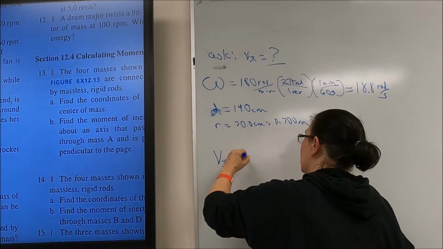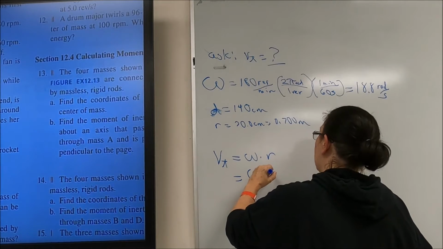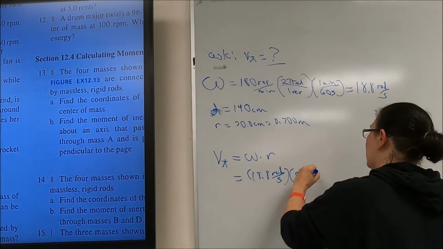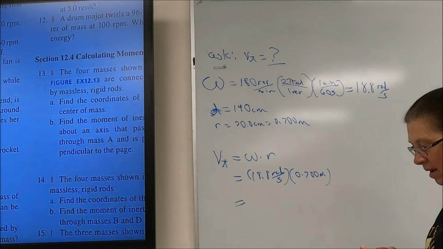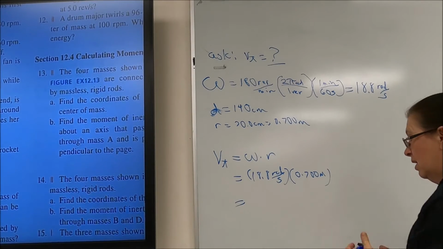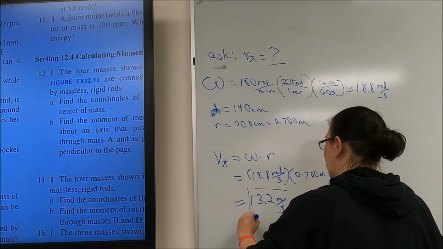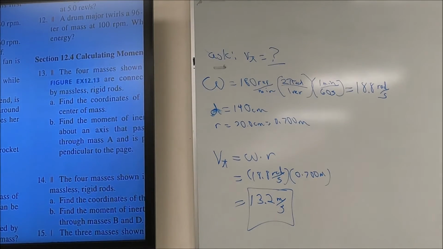V sub t equals omega times r, so it's 18.8 radians per second times 0.700 meters. 18.8 times 0.700 gives me 13.2 meters per second. Okay, now, consider that a warm-up problem. All right, moving on.